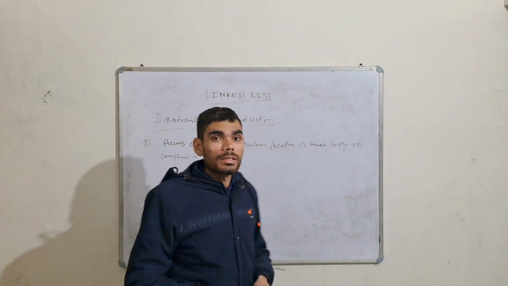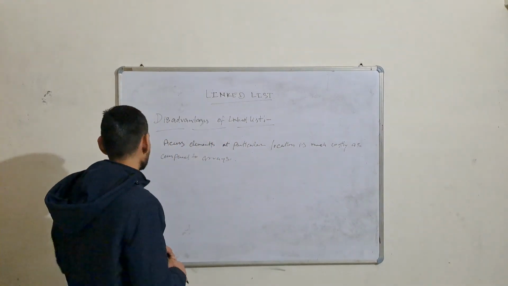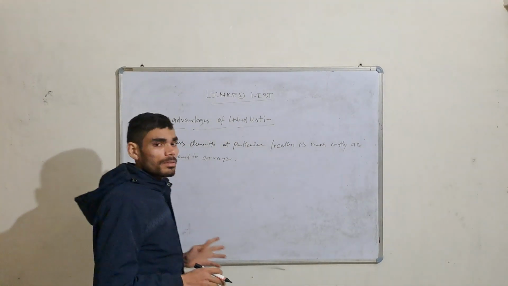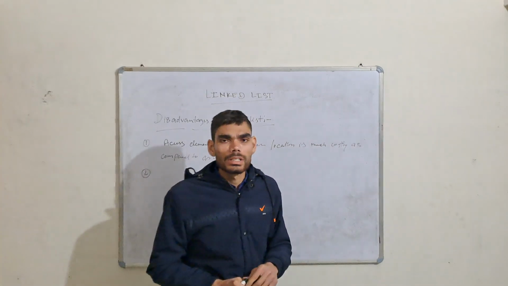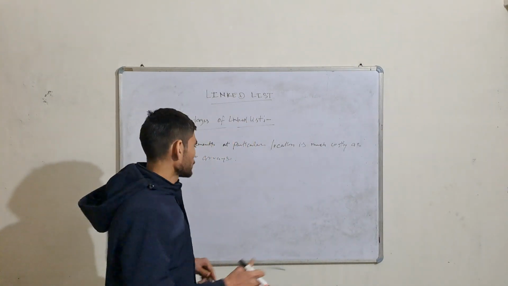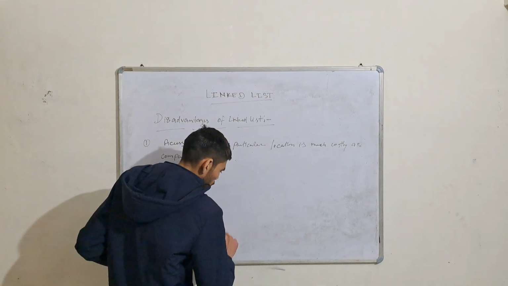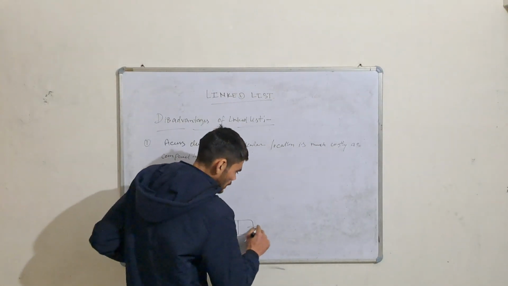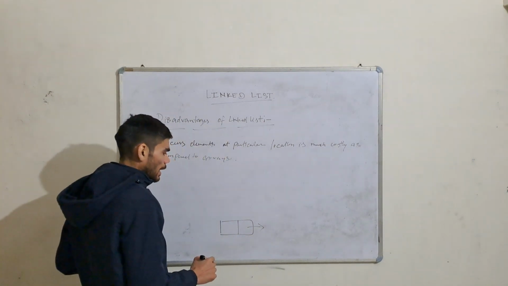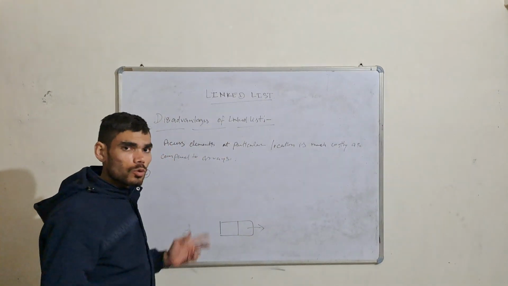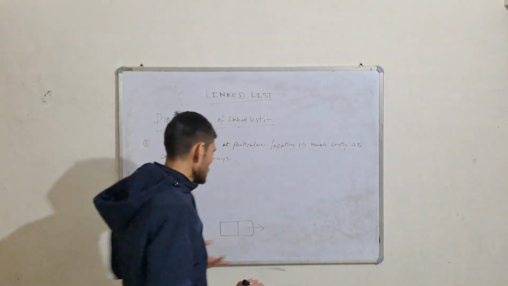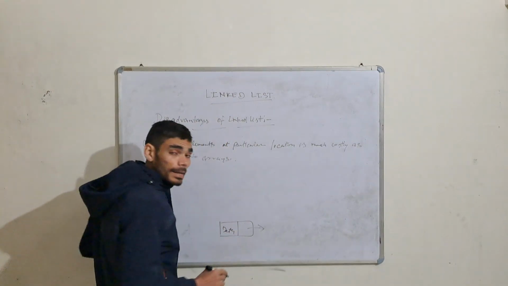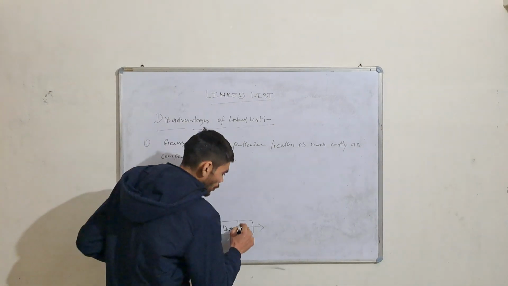And the second disadvantage is, as we have discussed the structure of the linked list, that it is a collection of nodes, and each node contains two parts. First is data, and the second one is the pointer to the next node.